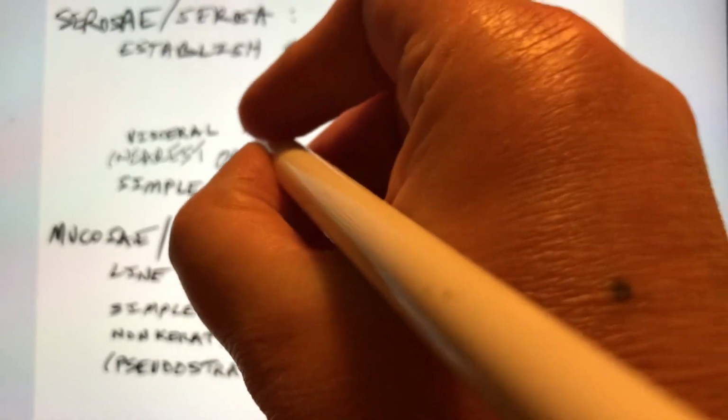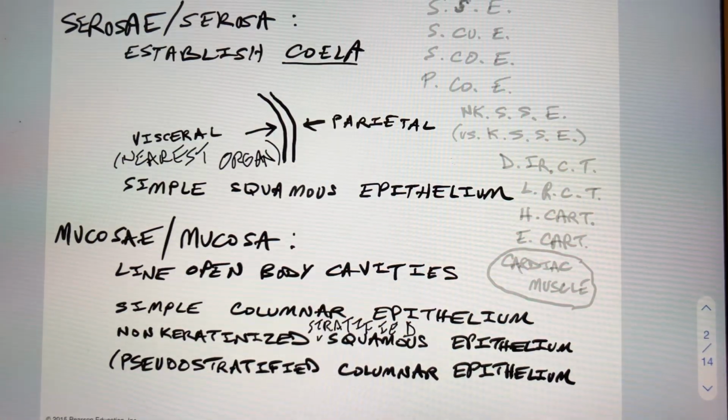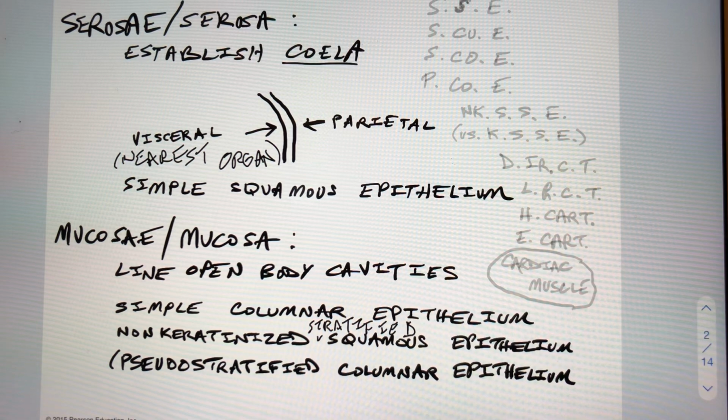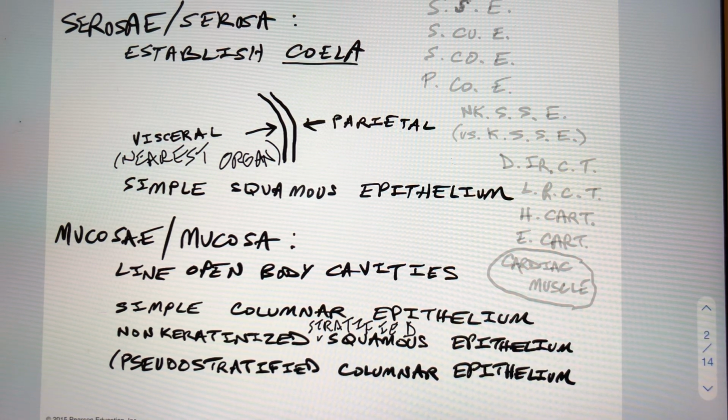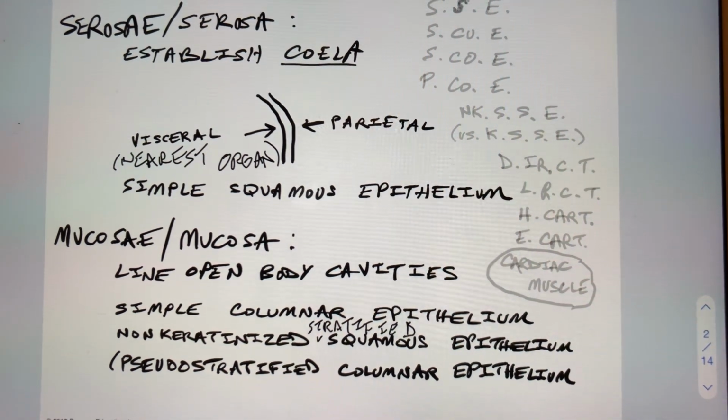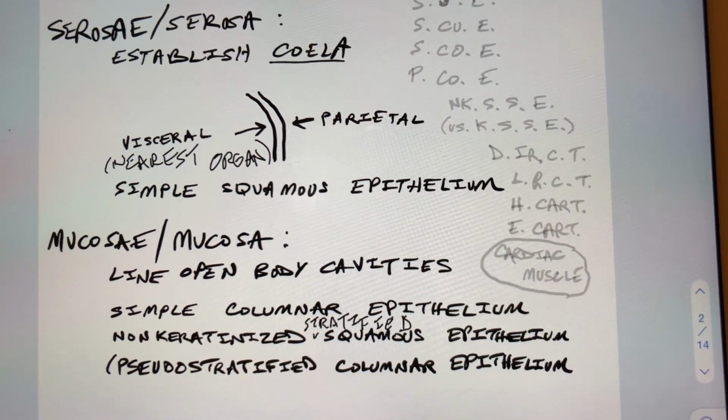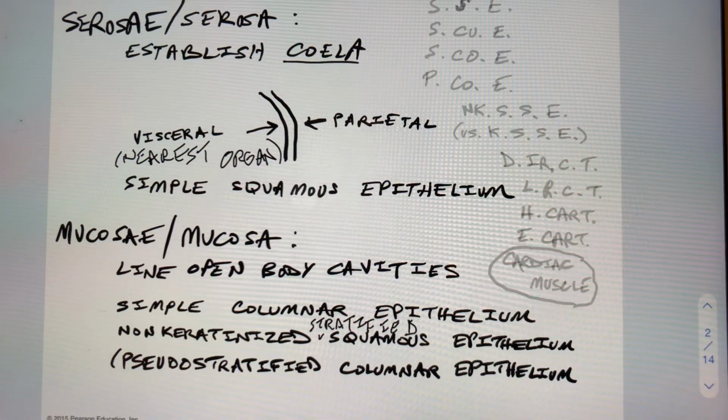Especially because serosae and mucosae are very relevant to viscera, and viscera are really the focus of 242, and viscera, hopefully you already know, means internal organs, okay? And you've already started picking up on the fact that we're going to need to really remember our tissues. So with that in mind, let's see if I can expand into a corner here and make some teeny tiny notes, because I'm running out of board here.